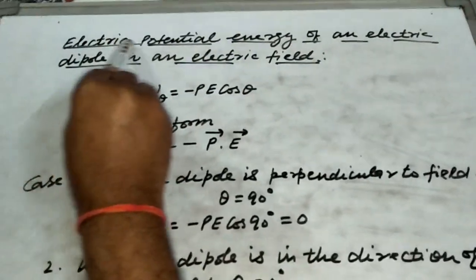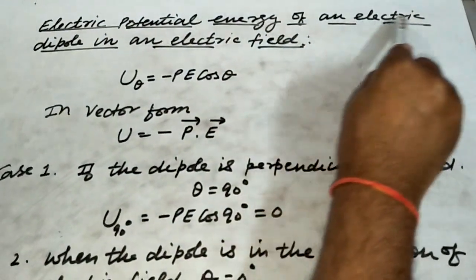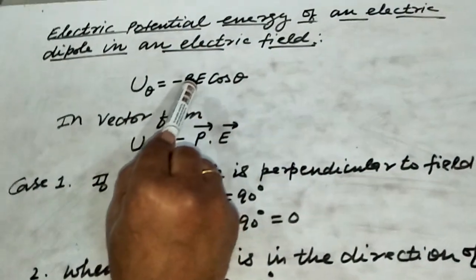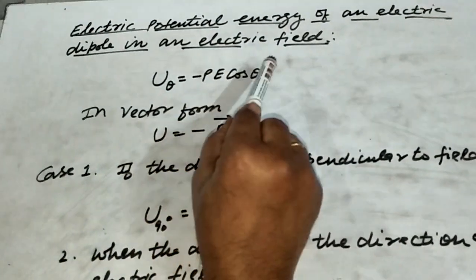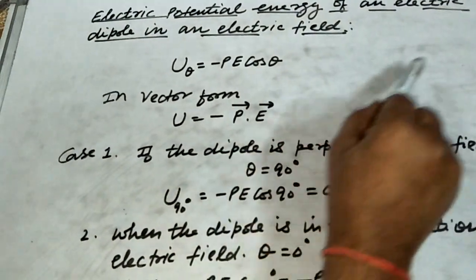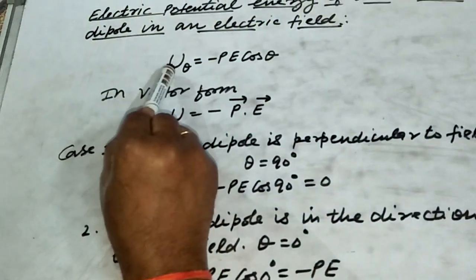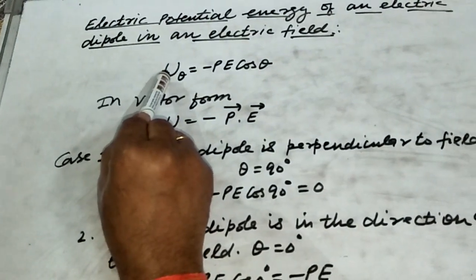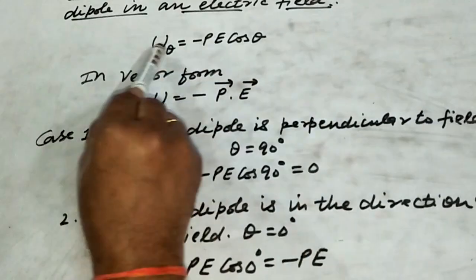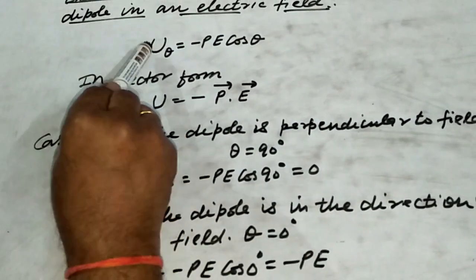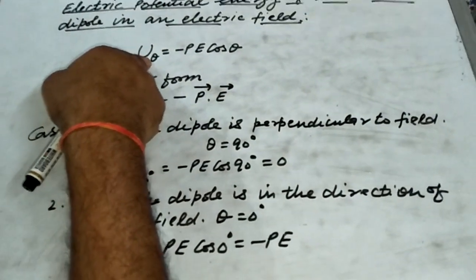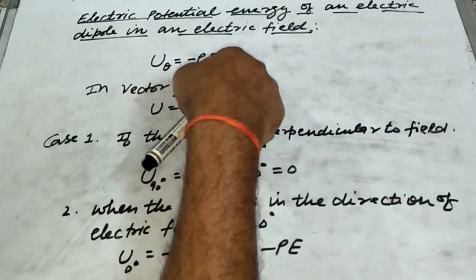Now the next topic is the electric potential energy of an electric dipole in an electric field. If an electric dipole is placed in an electric field at an angle theta, then the potential energy of that electric dipole in that position, U(theta), is given by −pE cos theta.